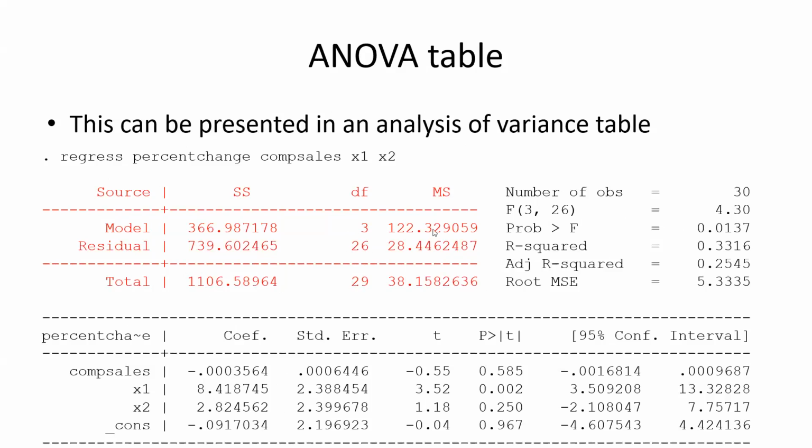We can compute the mean squared errors by dividing the model sums of squares by the respective degrees of freedom, and likewise for the residual sums of squares, and also for the total sums of squares if you want. These two numbers do not add up to this one here. This number is the estimate of sigma squared.